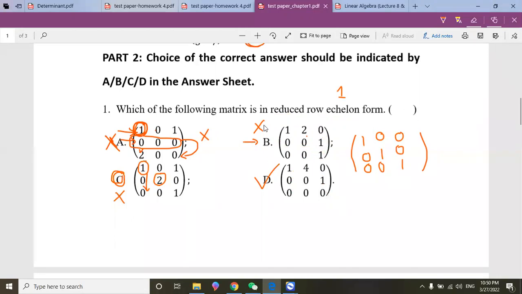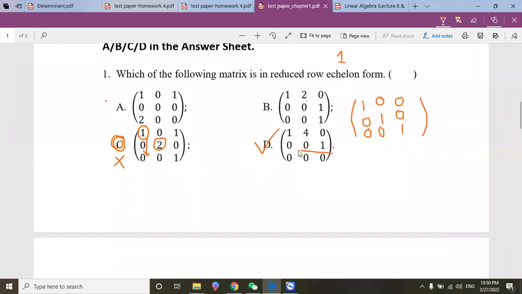Let me remind you the conditions. The first one: if all the entries in a row are 0, then that row must be at the end.